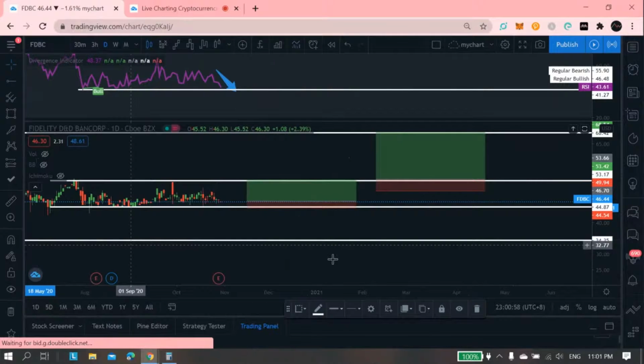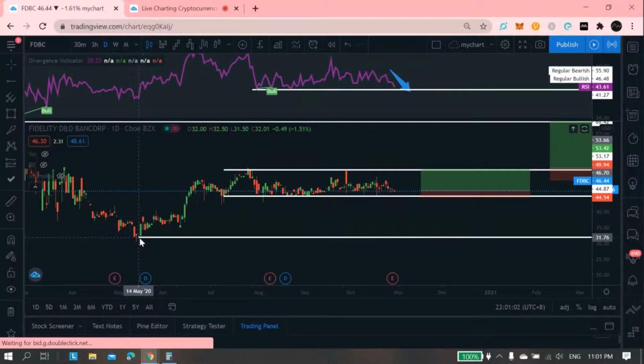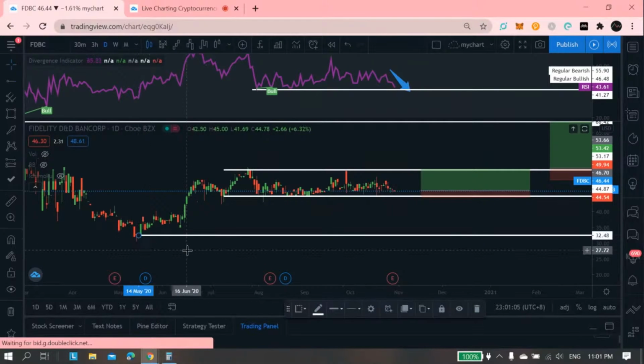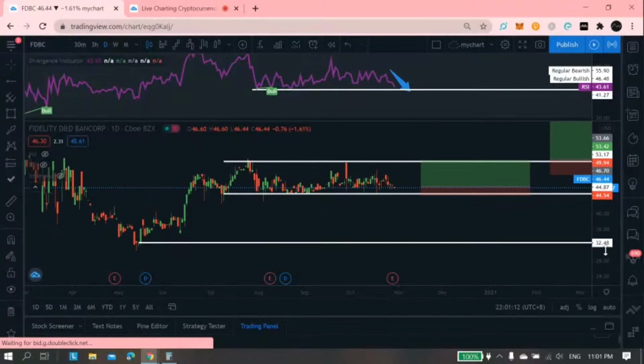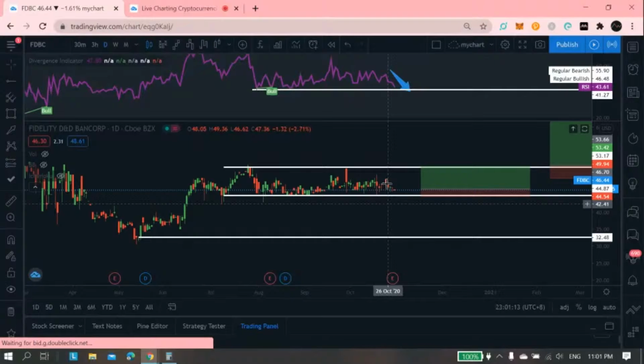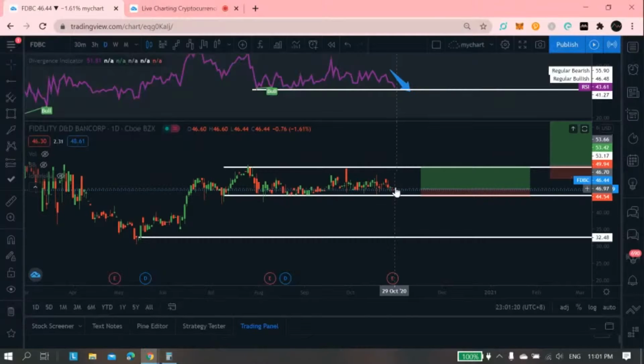That's actually a doji. So we will use that doji there as a support. Normally I use doji as support and resistance when I'm just using the candlestick in trading. Because for me, there's a higher risk when I trade this area. Because if it breaks down this area, possibly this area around the 32 area.